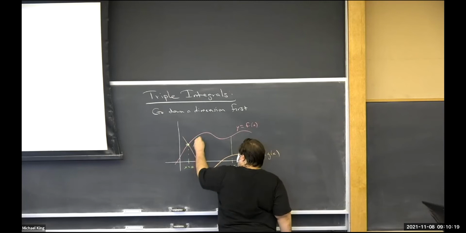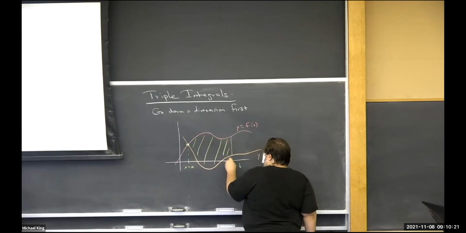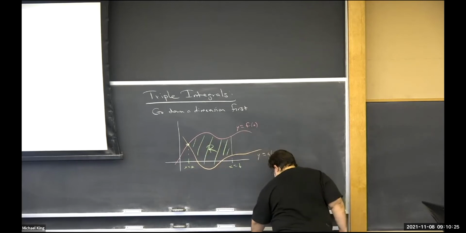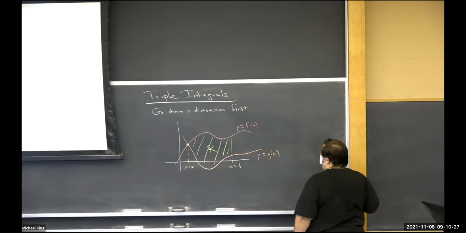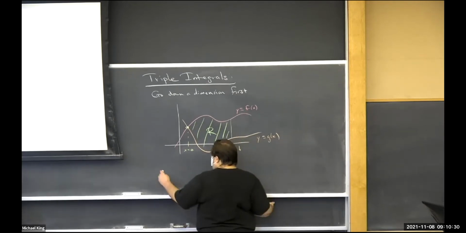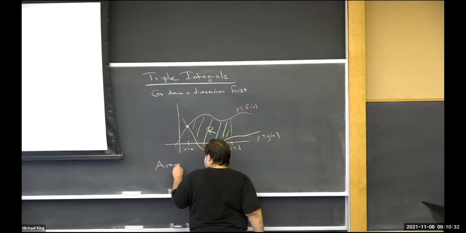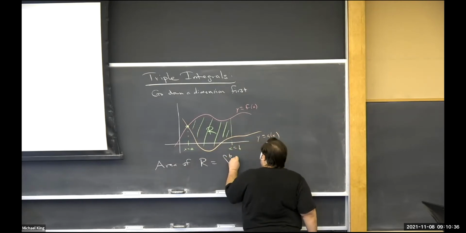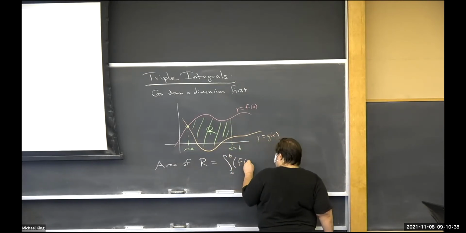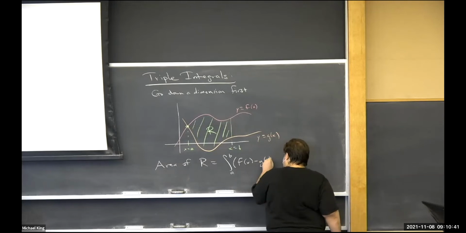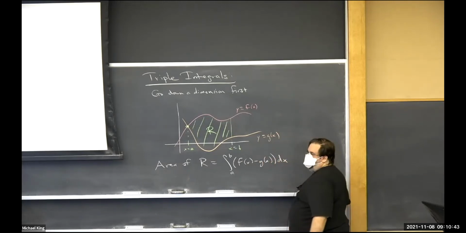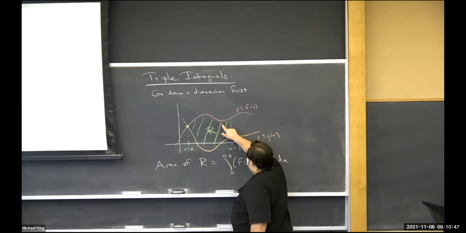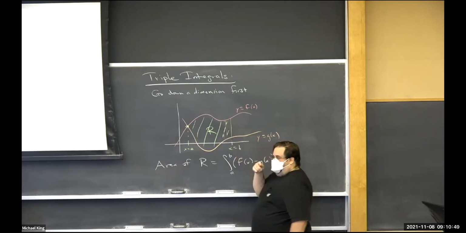So this is our region R. The area of R, we know from single variable calculus, is the integral from a to b of f of x minus g of x dx.